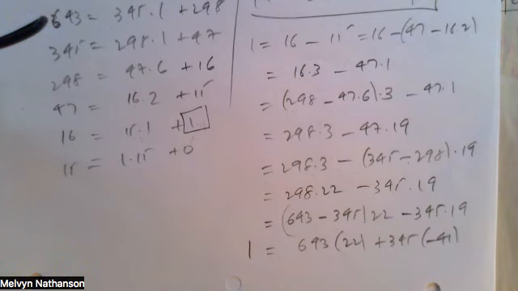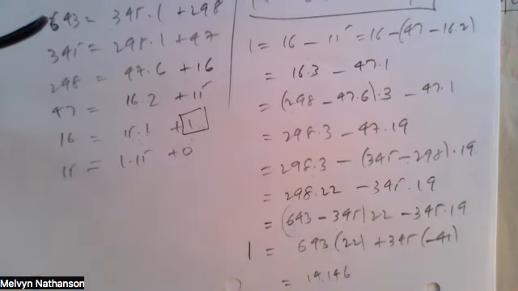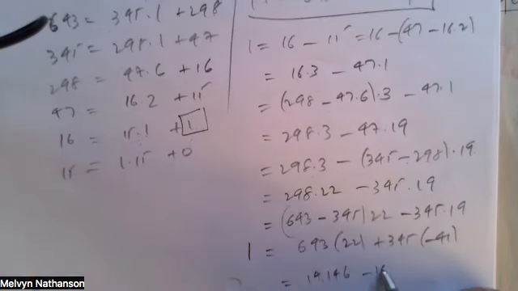Let me just check. 643 times 22 is 14,146. 345 times 41 is 14,145.